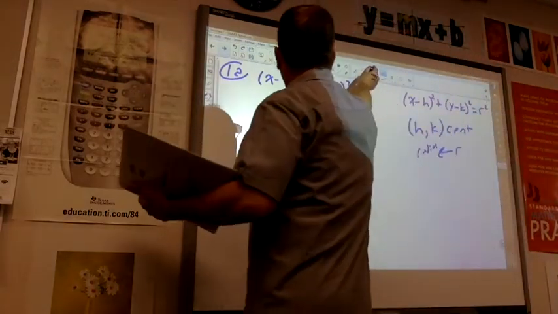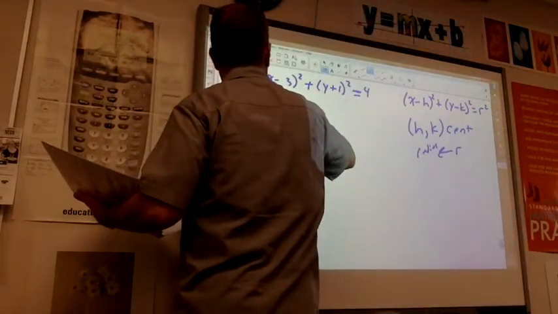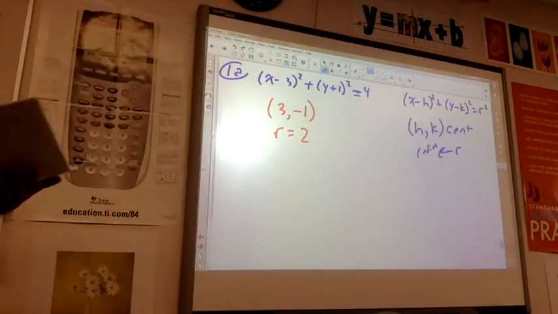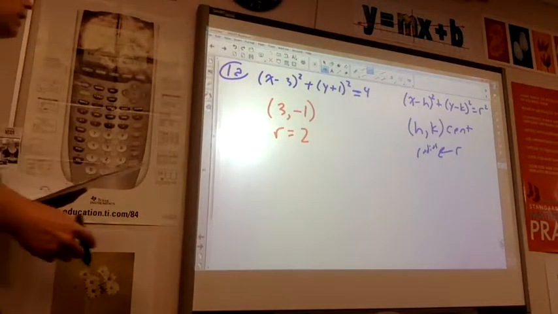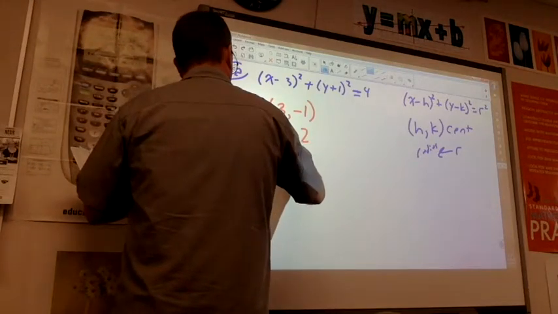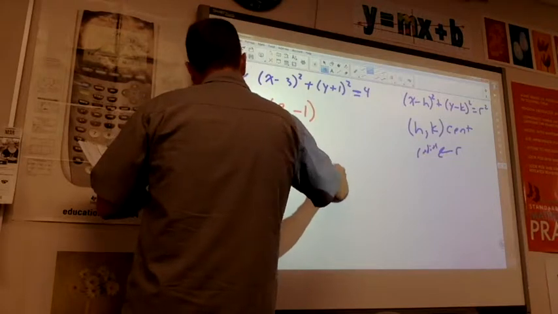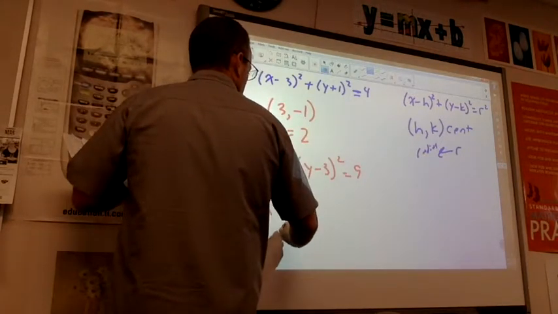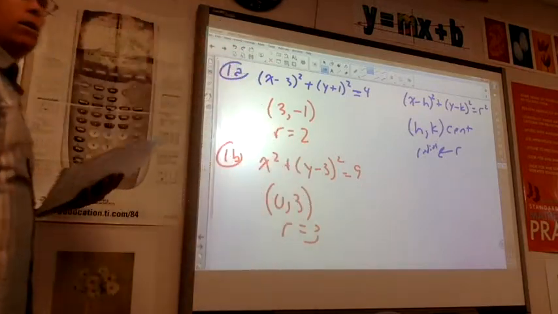My center on this one has to be 3 comma negative 1 and a radius of 2. Now look at 1b. 1b is x squared plus y minus 3 quantity squared equals 9. So my center's at 0, 3, and I have a radius of 3.